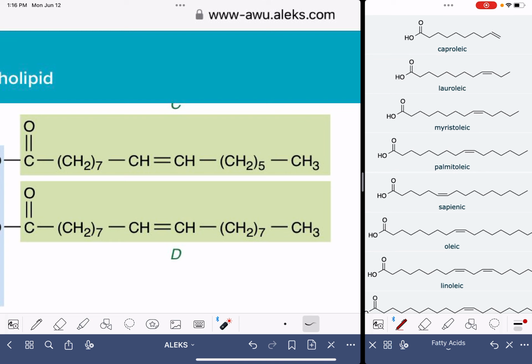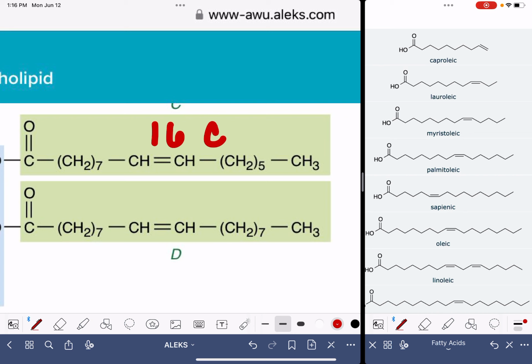Starting at the carbon-oxygen double bond, I have 1 plus 7 more carbons, 1 plus 7 plus 1 more, and then 1 more, and then 5 more, and then 1 more. That adds up to, I think, 16 carbons total, with a carbon-carbon double bond starting on number 9. So I'm looking for 16 carbons total.